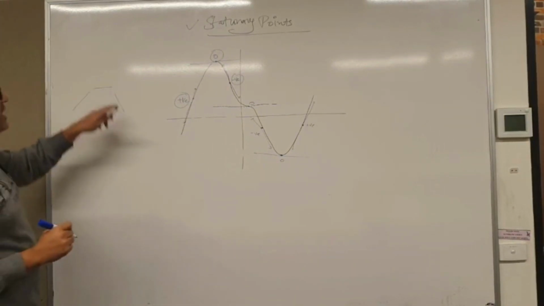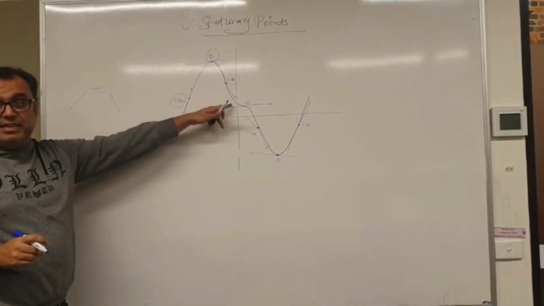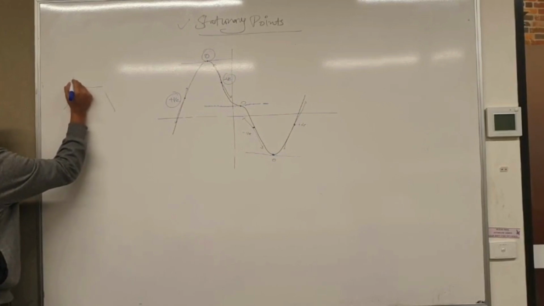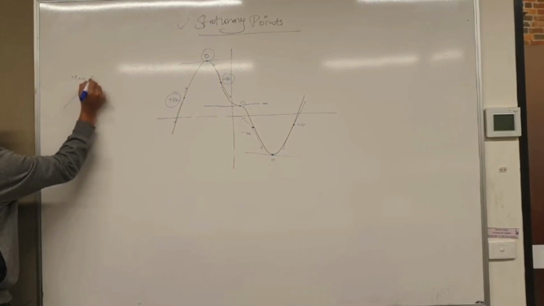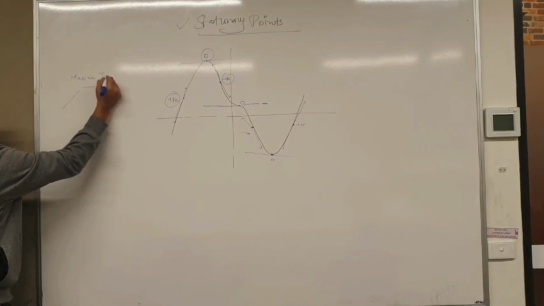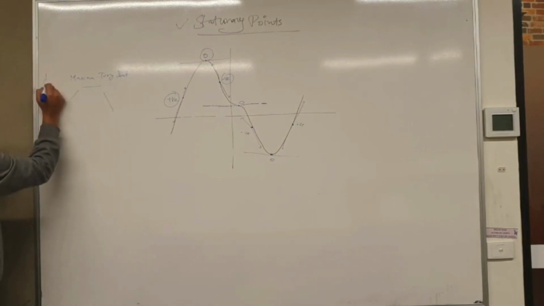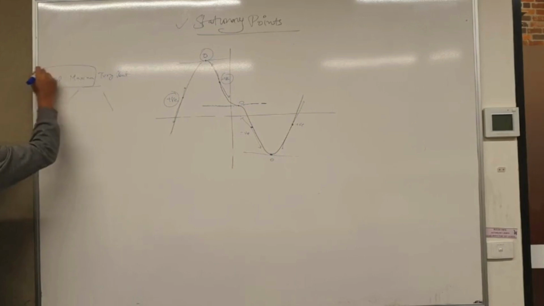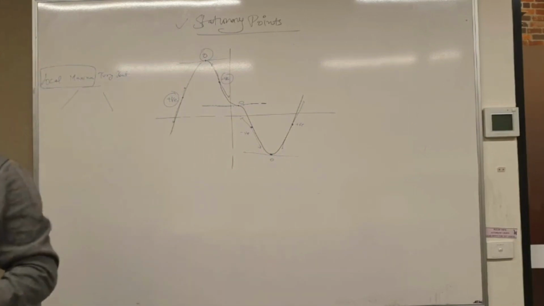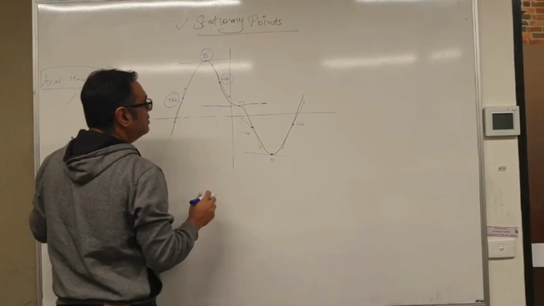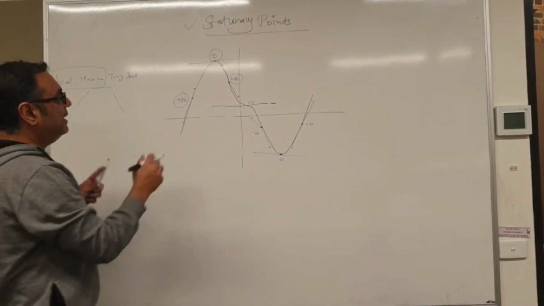So when you see this kind of a pattern of the gradient for the tangent, you call it a maximum turning point, or shall I say local maximum. Aishka, make sense? Right? Romel, make sense? Yeah.